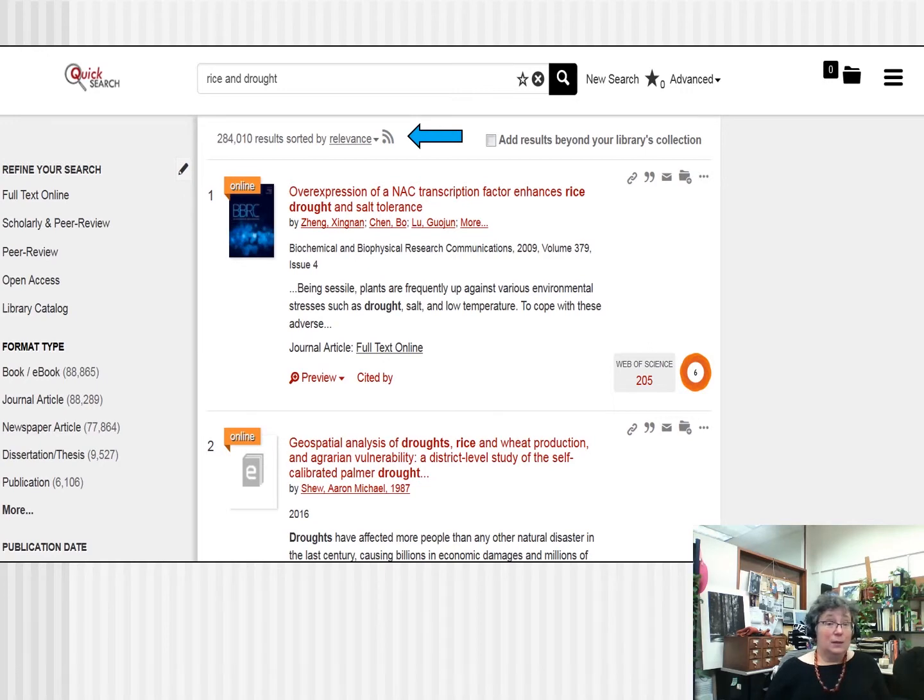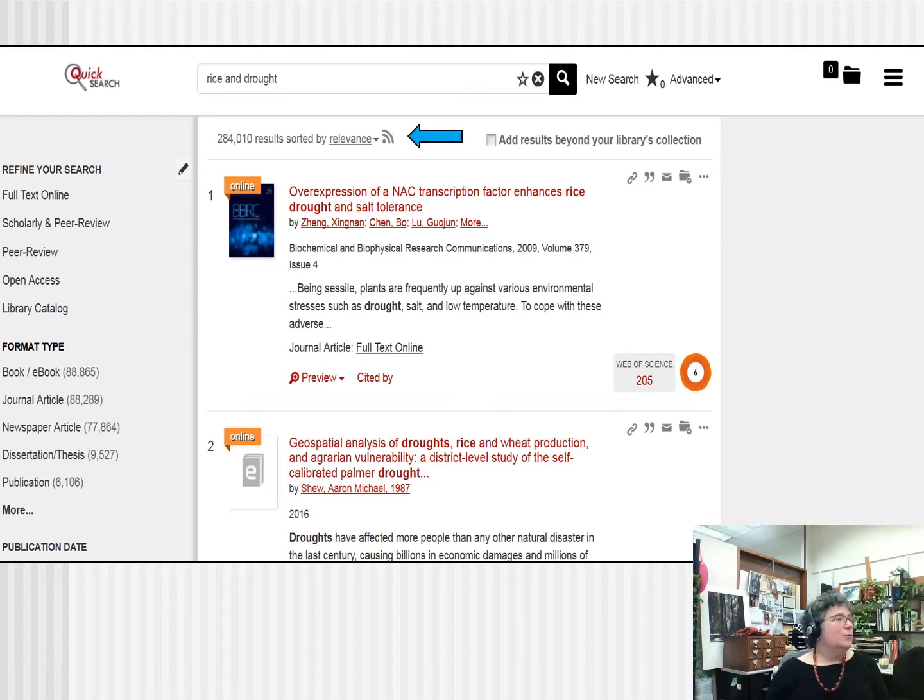Also, when you get there, like I put in rice and drought, and you'll see up at the top it says it's actually more than 250,000 records that we got back, and they're sorted by relevance. But then, as you'll see over on the left-hand side, there's a bunch of other limiters.